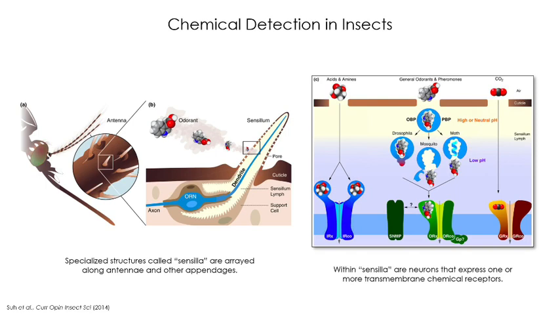And here's how they function. A ligand, or a chemical compound carried by air currents, enters through small pores in this sensillum and makes its way to the surface of this receptor. If this receptor has evolved to be sensitive to that compound, this is what's called a ligand-gated ion channel, and it will literally open a pore in the membrane and allow charged ions to flow into this cell.